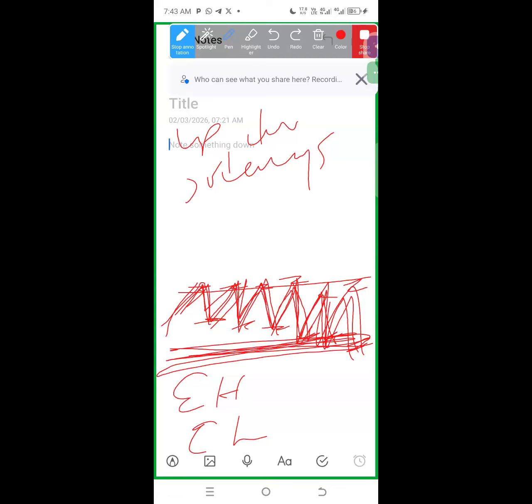So this is simple: uptrend, downtrend, and sideways. Now let me ask you in the chat box. I believe you are getting the concept.